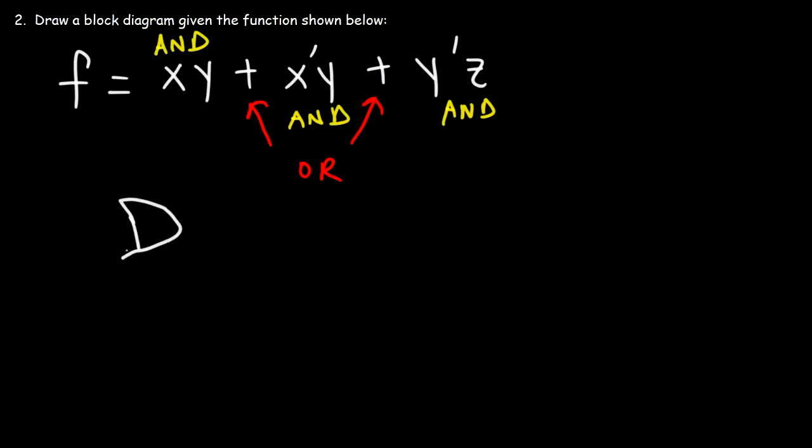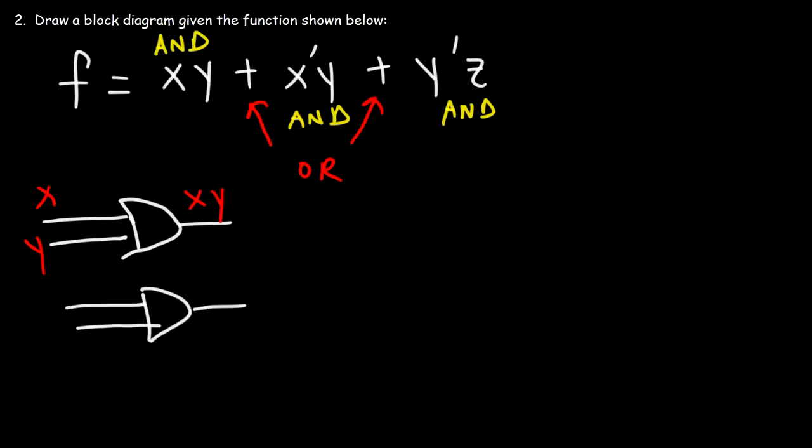So this is going to be the first AND gate, and we're going to put x and y together, and so that will give us the output xy. And then we're going to use another AND gate, and we're going to have the inputs x prime and y, and then another one. So this is going to be y prime and then z.